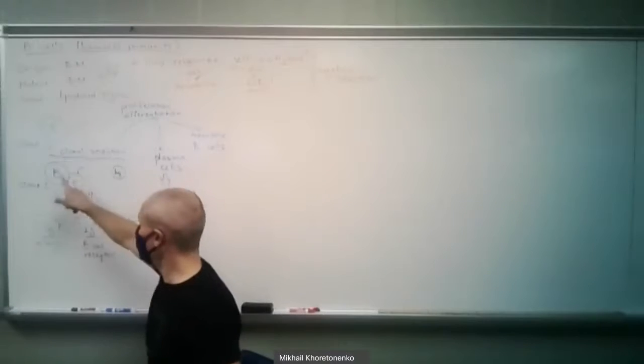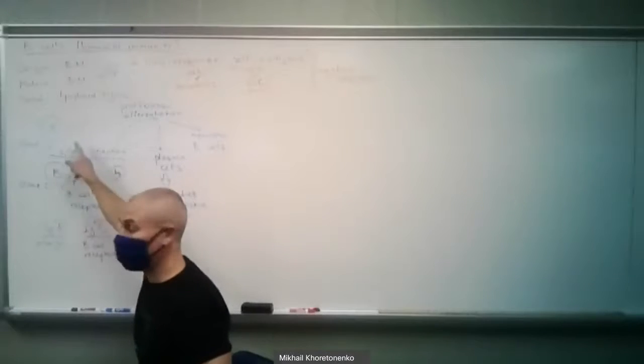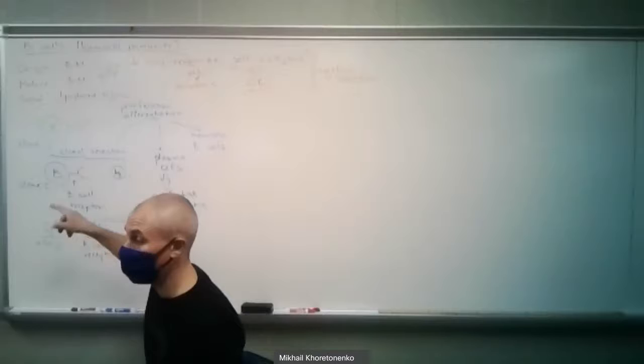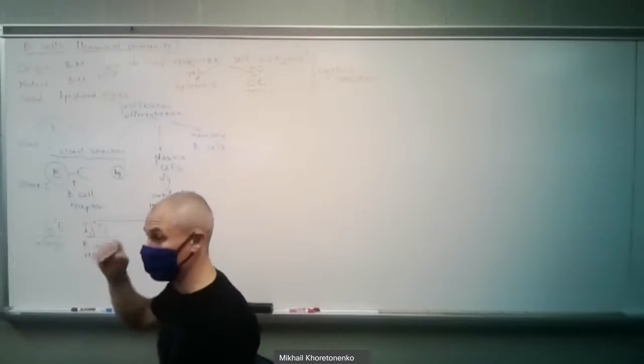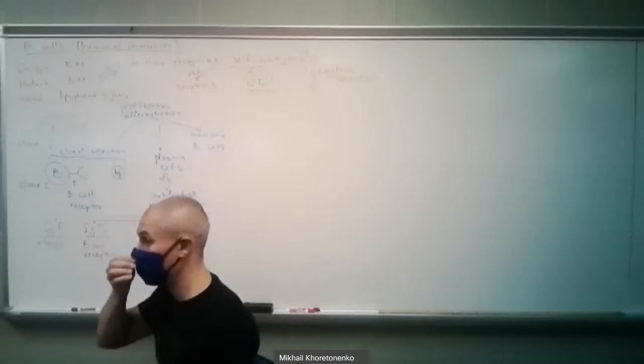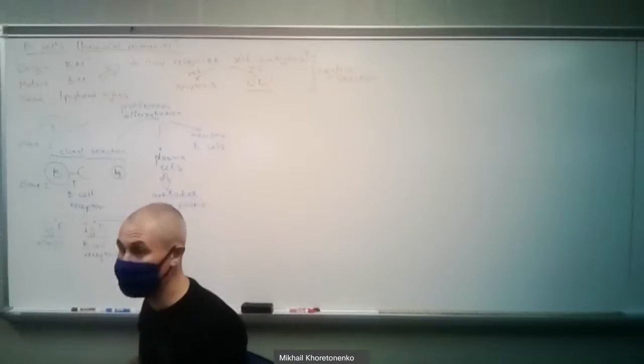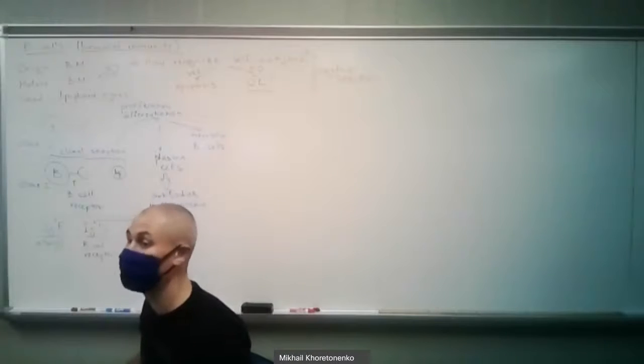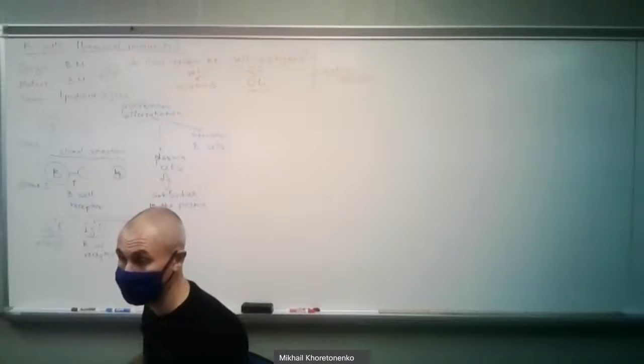So this handle of the fork, that's the Fc portion of an antibody. And for IgD, the Fc portion is stuck in the membrane. So basically the whole difference between IgD and other antibodies is that IgD is stuck on the B cells. They are not in the circulation. Am I clear?